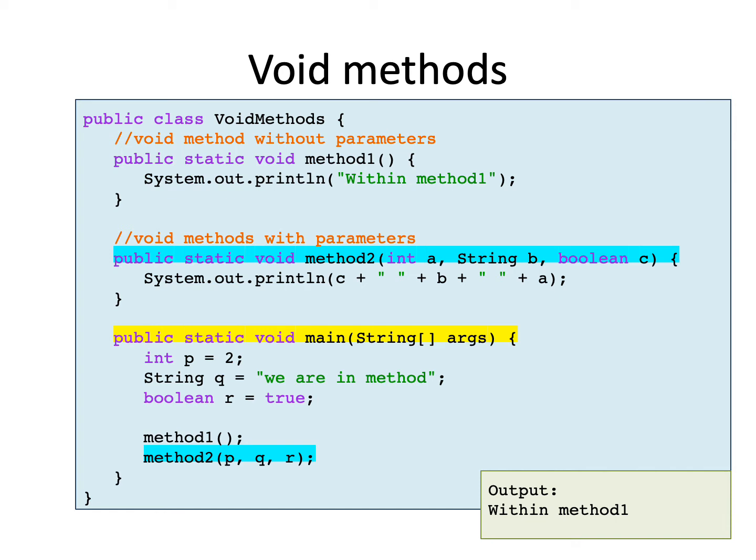Method2 takes in 3 parameters, int a, String b, and boolean c. So in the method2 call, we need to provide int, String, and boolean values. Otherwise, it will give us an error when we compile the code.